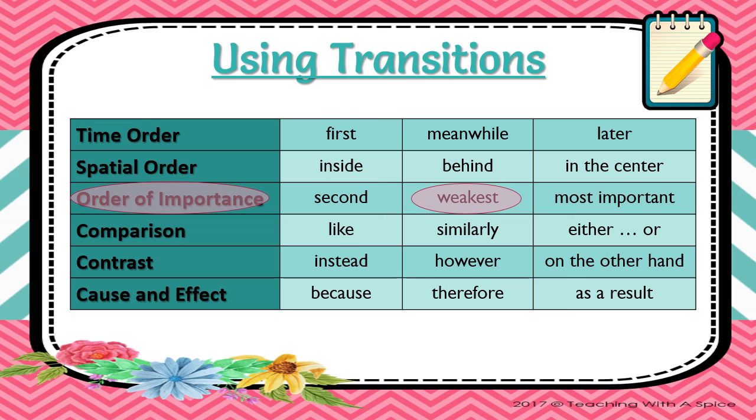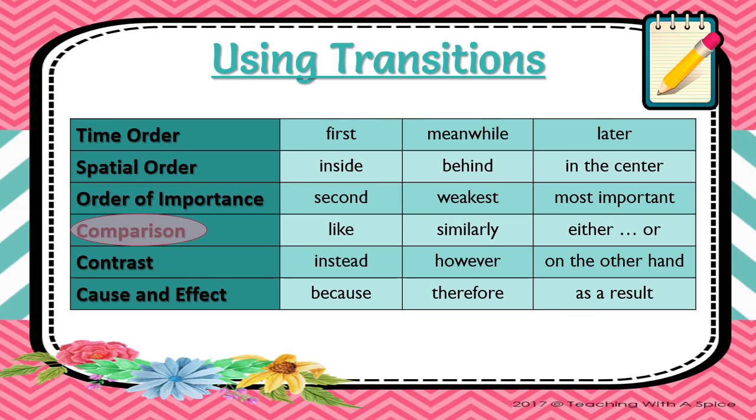Weakest states very clearly that it is less important because it's the weakest. Most important, again, tells you that's the thing that's most important. Least important, less important, all of those things show importance. So it's a transition from one idea to the next, showing which ones are more important, which ones prove your ideas better than the others, things like that.